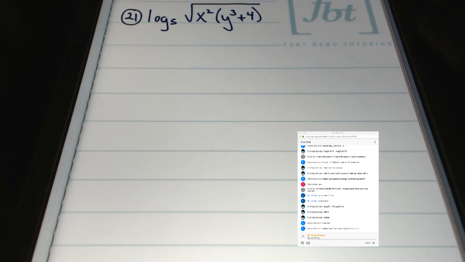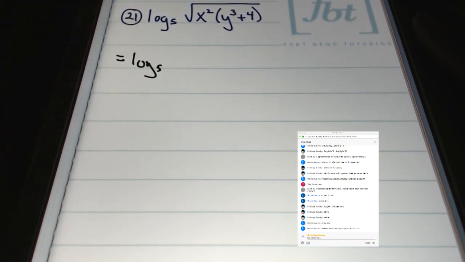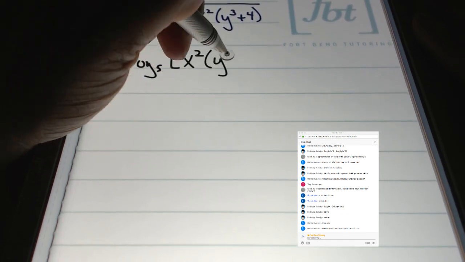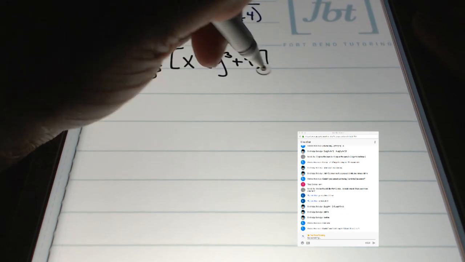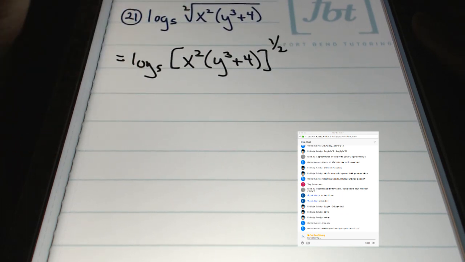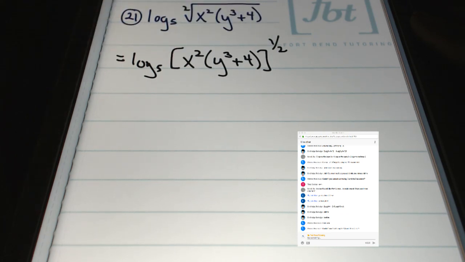Problem number 21 says that we have log with a base of 5 of the square root of x squared times y cubed plus 4. So the first thing I want to do here, guys, of course, is to rewrite this. This is going to be log base 5, and I'm going to say that I have x squared times y cubed plus 4 all being raised to the 1/2 power. And that's because the index on that square root is 2. So I'm able to rewrite that in exponential form with my radicand raised to the 1/2 power.